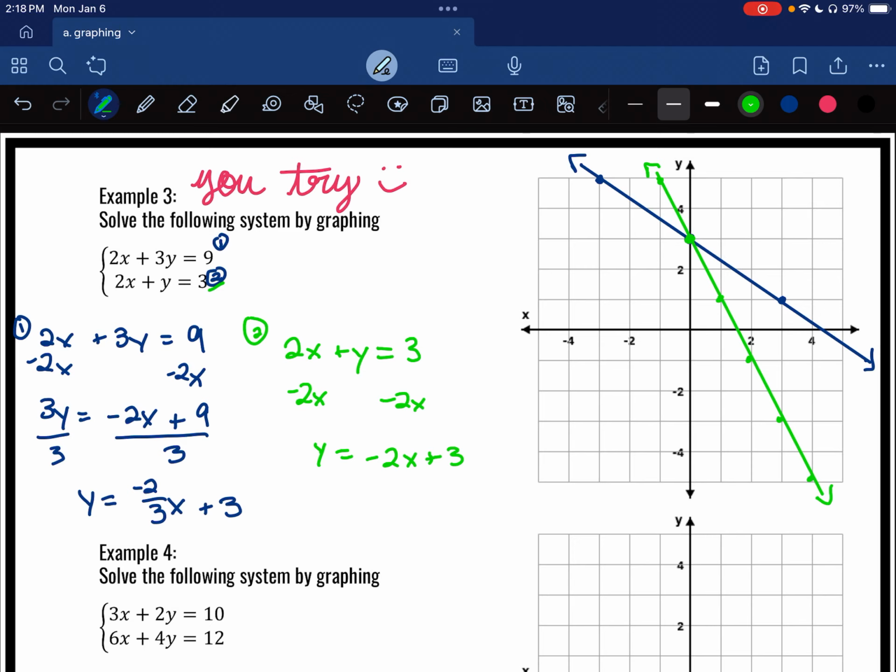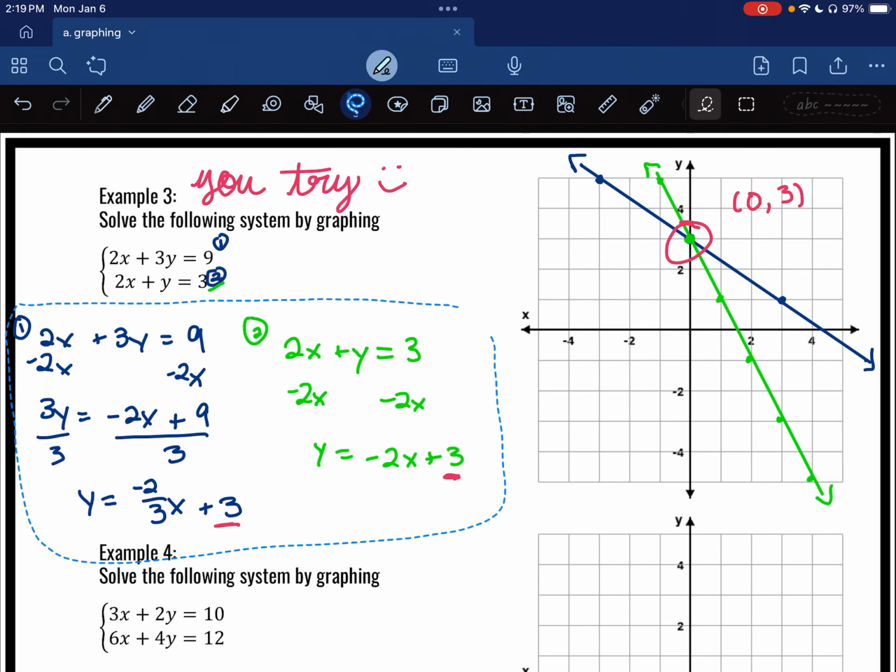Alright, and so we can see here our y-intercepts. You may have been able to tell that already just from this step, but our y-intercept there at 0, 3 is our solution. Now let's talk about how we go about checking this. So I'm going to use my note-taking superpower.